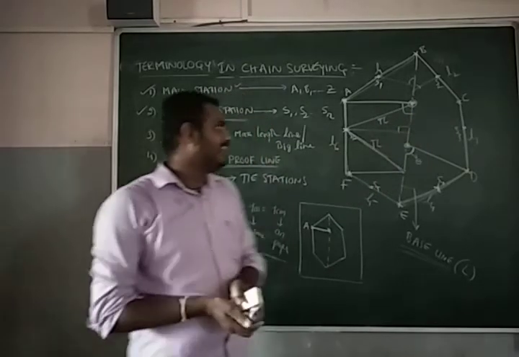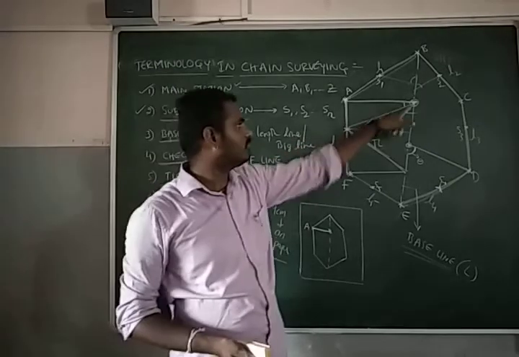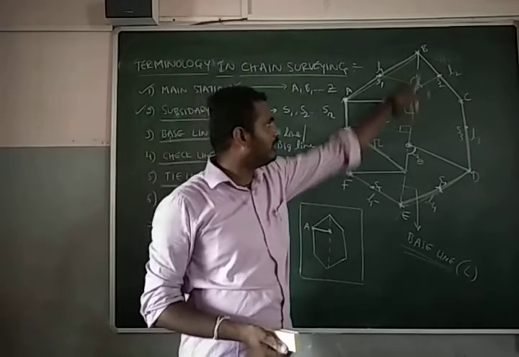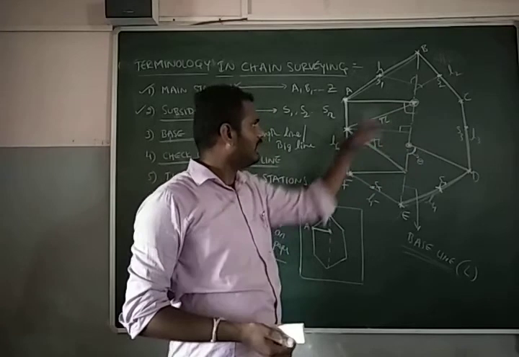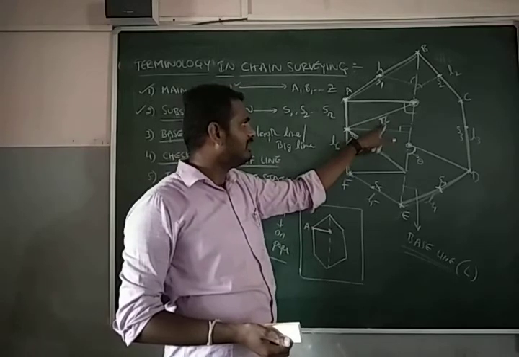It means from a subsidiary station you are connecting a line, you are connecting the subsidiary station to a respective point on the baseline. So therefore, a new line is formed. We call that line a tie line.